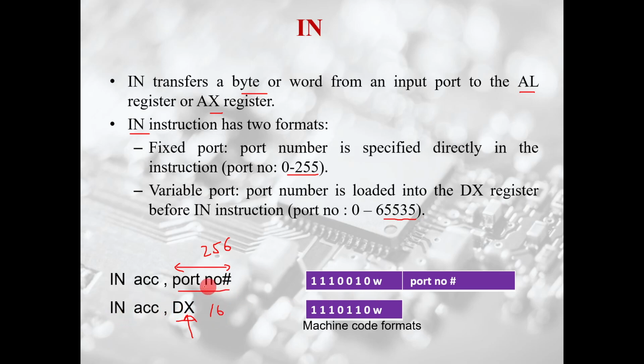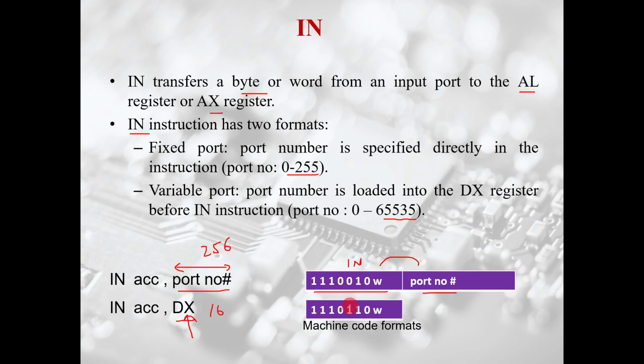Now, when I write this, this is the machine code for it. You write the opcode and then the port number. For the DX register form, since no other register is allowed, you don't have to specify the port number. If you see here, this opcode means it is an in operation, and a port number needs to be specified.